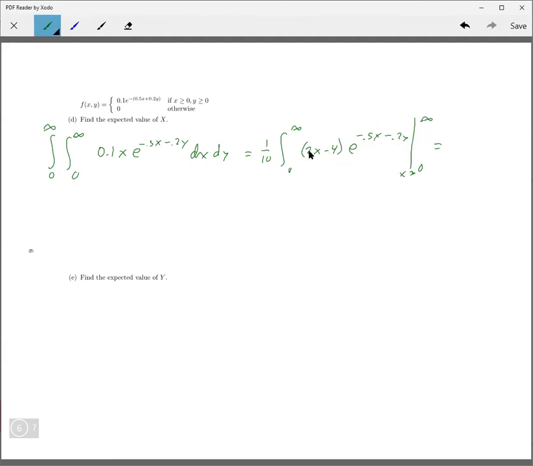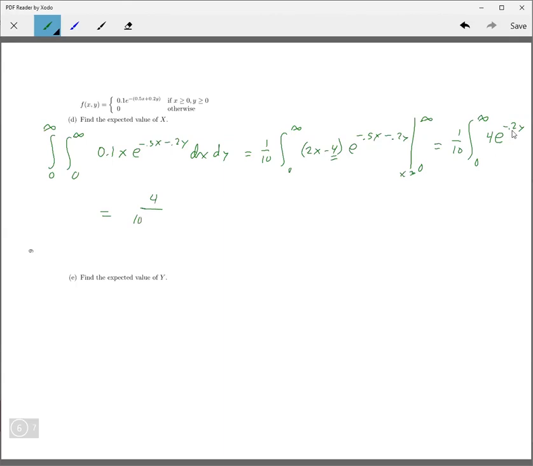And then for the lower limit, this part goes away. So you just end up with this. You just get the lower limit. You just get 4e to the negative 0.2y. So the only thing that survives is this 4 here, which is on the lower limit, so the negative gets flipped. And then if you integrate that, you have 4/10, right?